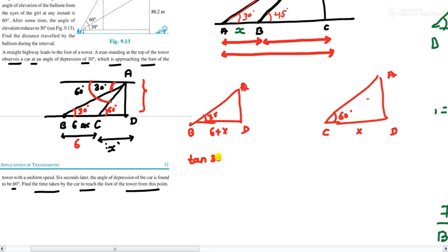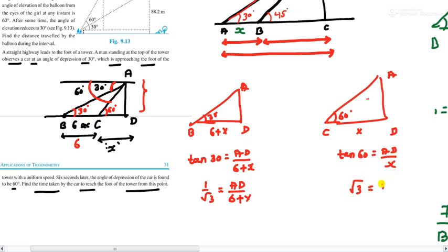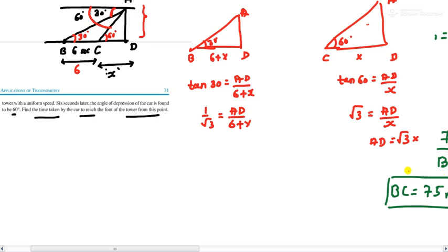Using this figure, tan 30 is AD divided by 6 plus x. Tan 30 is 1 by root 3, which is equal to AD by 6 plus x. Now using this figure, I will get tan 60 equals AD by x. So tan 60 is root 3, which is equal to AD by x. So here AD will be equal to root 3 into x. Now I will substitute that in this equation.